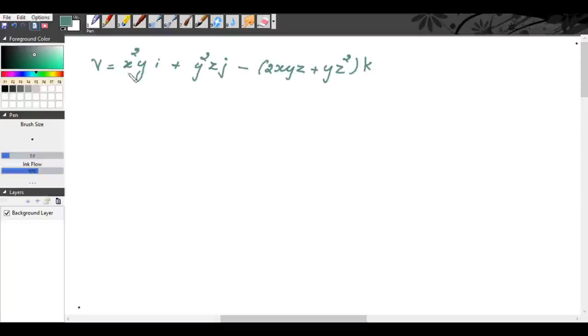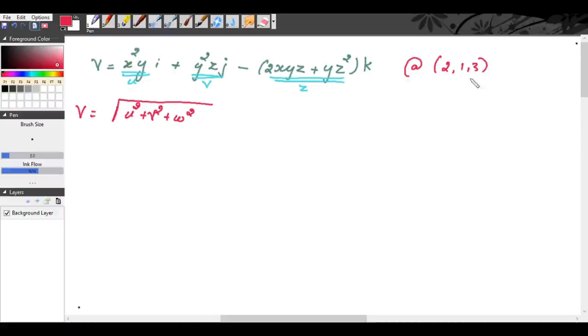So we know, this is our u, this is our v and this is our w. And V is equal to the square root of u square plus v square plus w square. We need to find the velocity at (2, 1, 3).